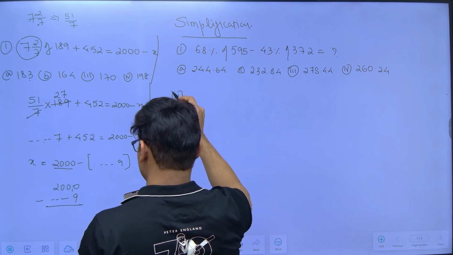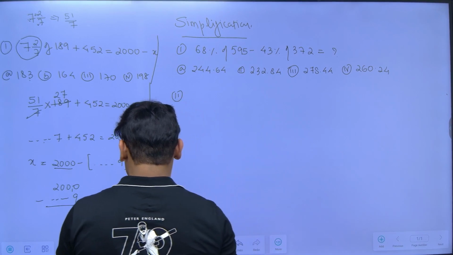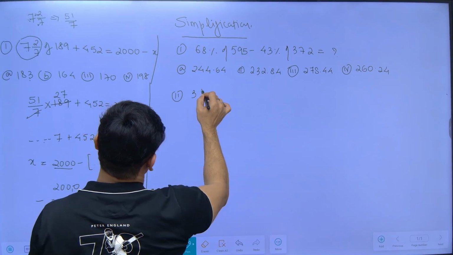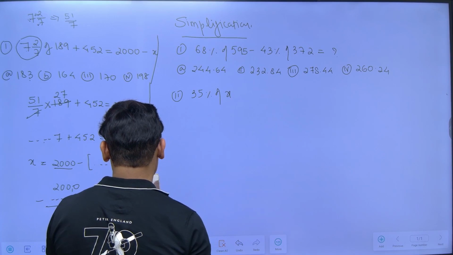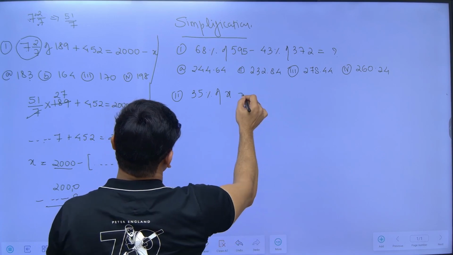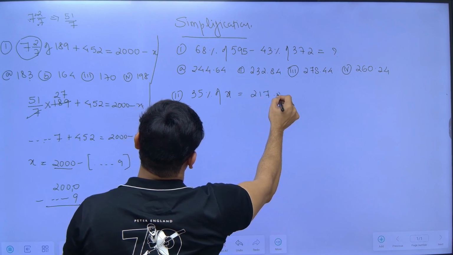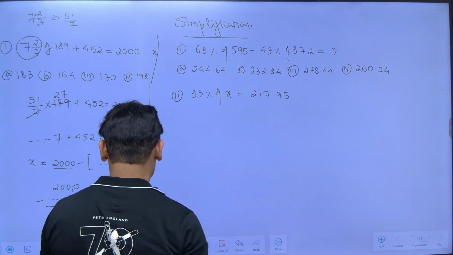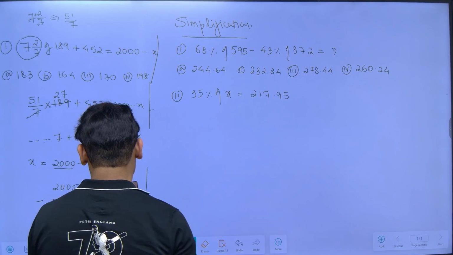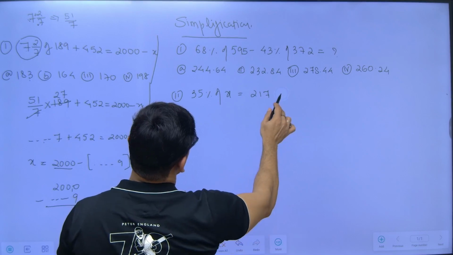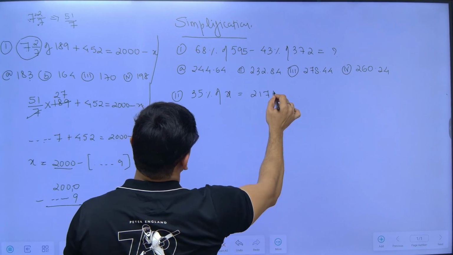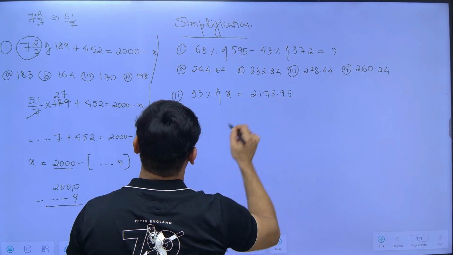Second question is 35% of x is equal to 217.95. 35% of x is equal to 217.7595.